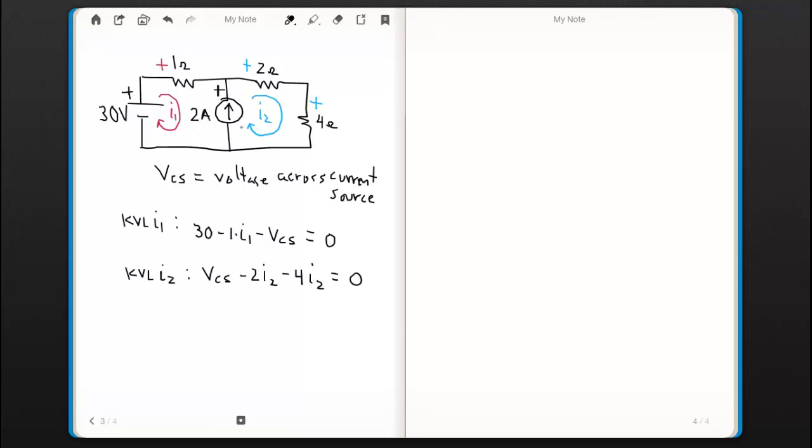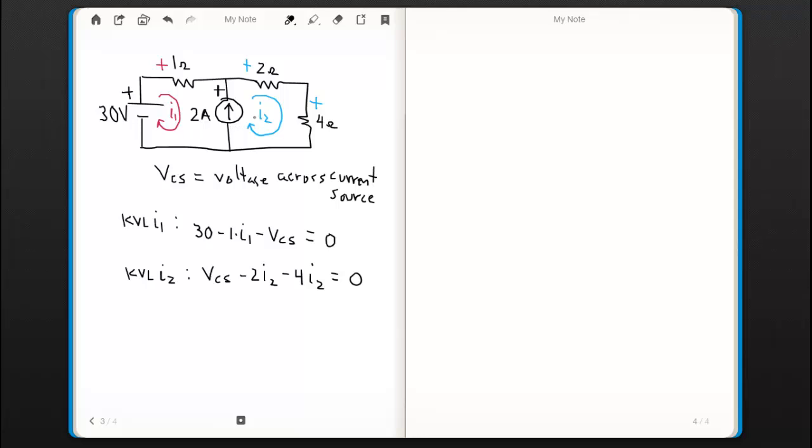So since there's two mesh currents defined through this current source where we know there's 2 amps, and these mesh currents are going opposite directions through this current source, well, it tells us that the difference between I1 and I2 has to be the value of this current source of 2 amps. So now the question becomes, well, is it I1 minus I2 is 2 amps, or is it I2 minus I1 is equal to 2 amps?